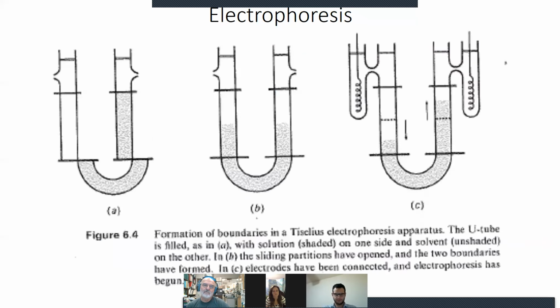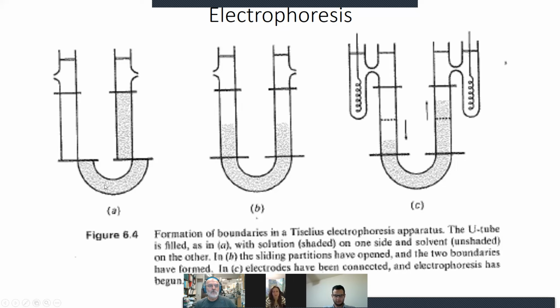Okay, now the free solution example was developed by a guy by the name of Tiselius. A lot of the early history of electrophoretic and sedimentation transport was done in Sweden, and Tiselius was one of those guys. And this is a Tiselius electrophoresis apparatus. So this is a free boundary instrument, and it's essentially a U-tube.